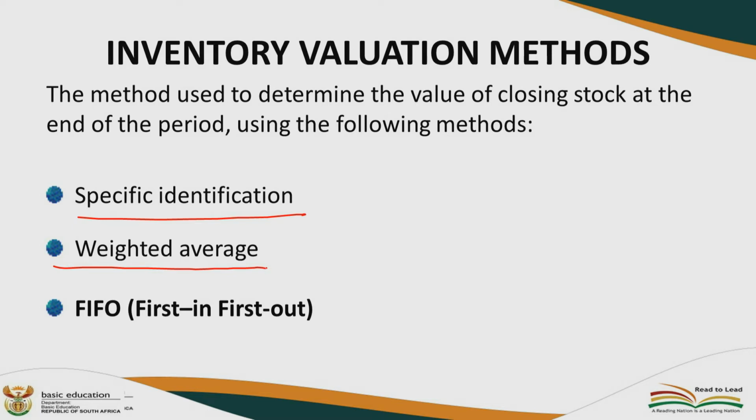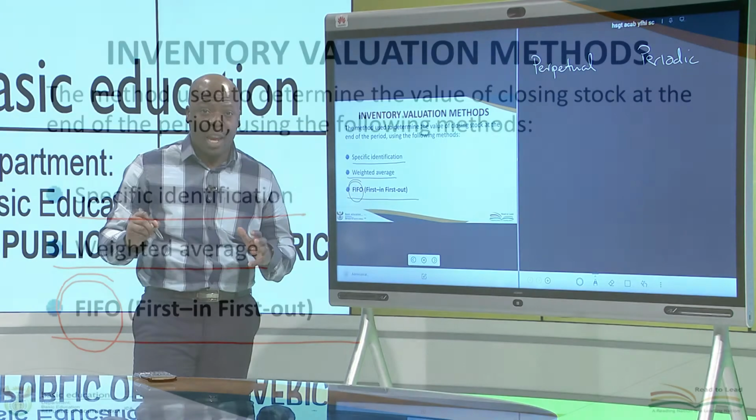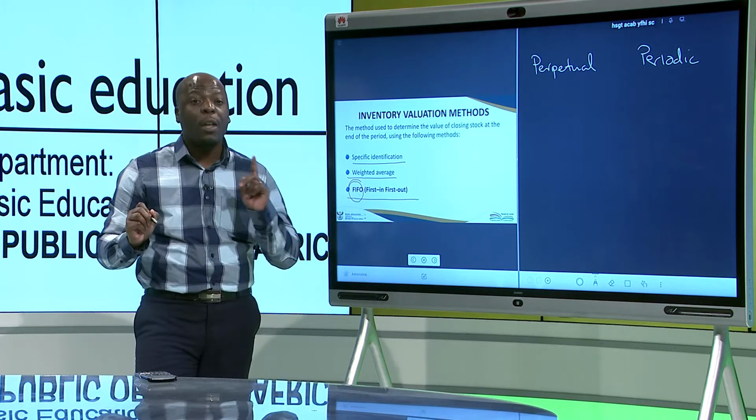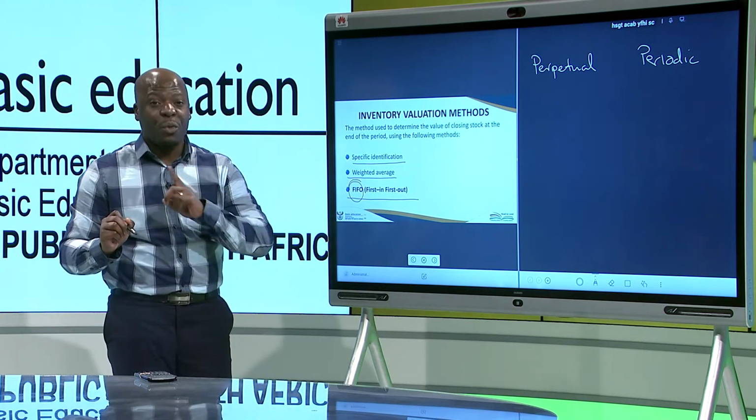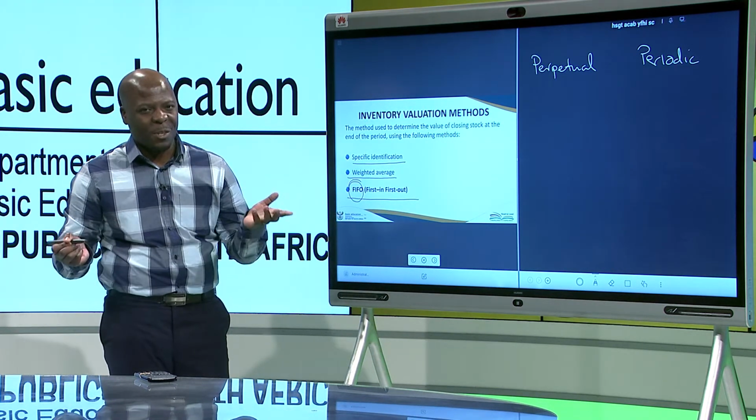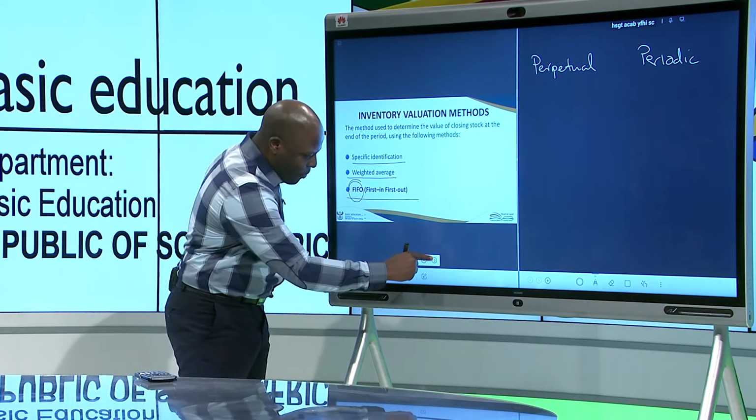And lastly, it is your first in, first out, preferably known as the FIFO. This is what I'm going to be concentrating on today. Today, I'm just going to be teaching on your FIFO, the first in, first out. So, let's get down with it.